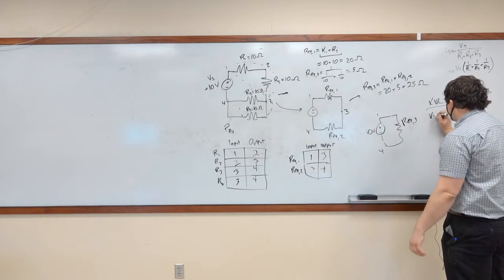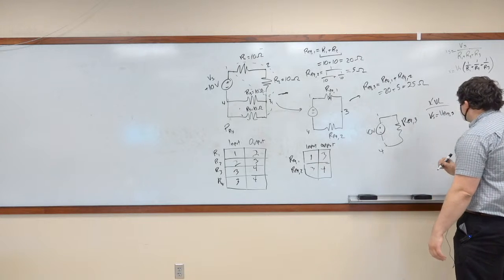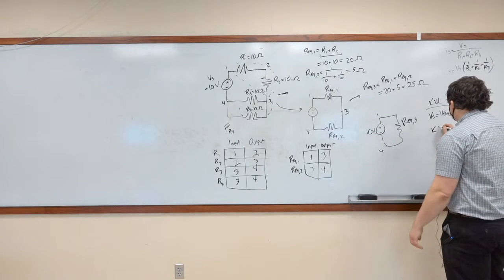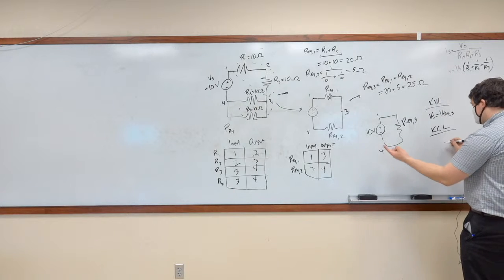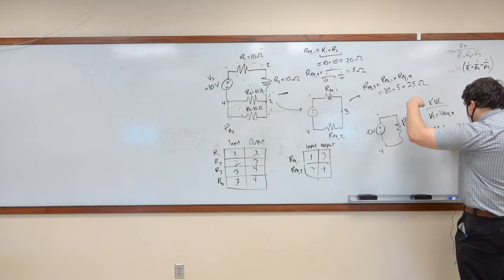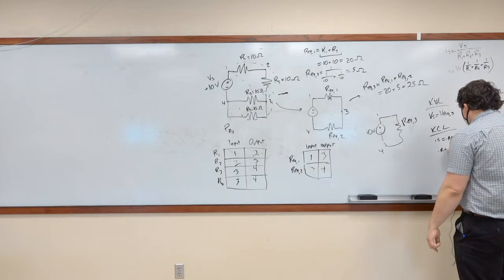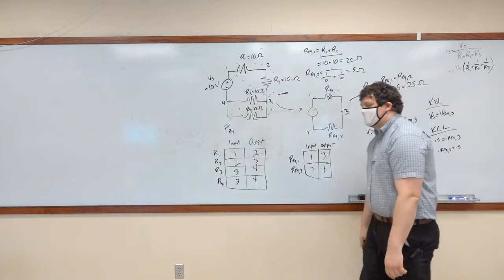We know that Vs is equal to VREQ3. We have two nodes. Both of those nodes come up with the same equation, and that equation is IS is equal to IREQ3, and then IREQ3 is equal to IS. Same.